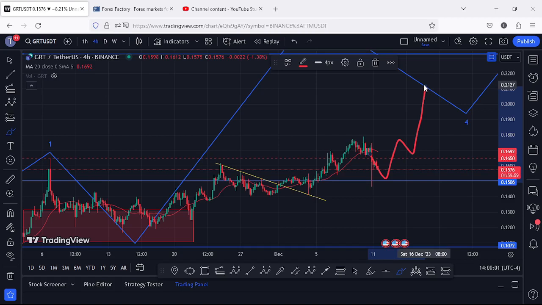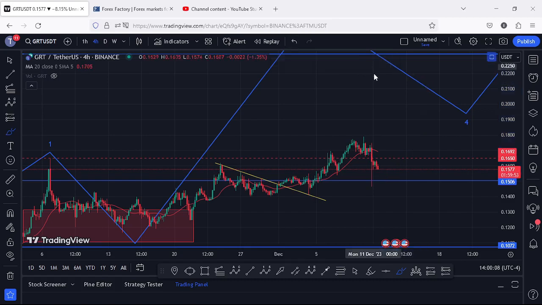Alternatively, in case we continue seeing that pullback and maybe the pullback is deeper, maybe back into support at the $0.15 mark, and maybe at some point we lose that key area of support, then I will be expecting a retest of the lows that we made at the $0.13 mark, and that will suggest that we have now hit invalidation areas for this Elliott structure over here.